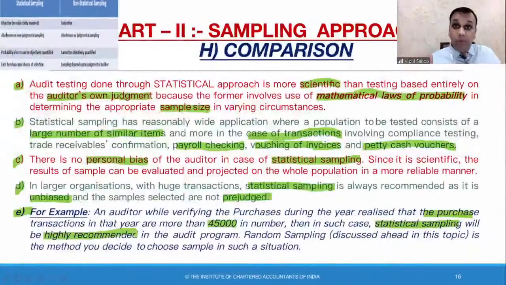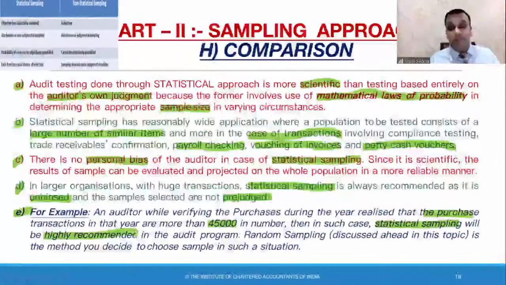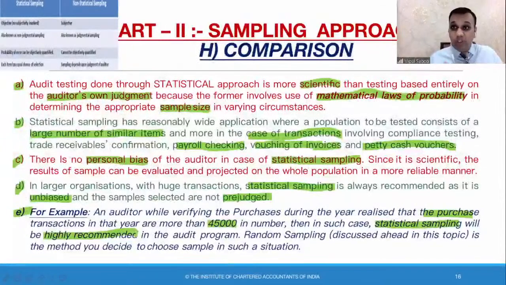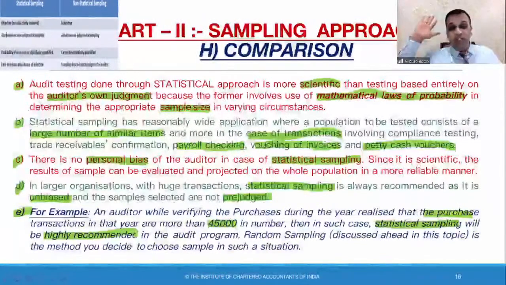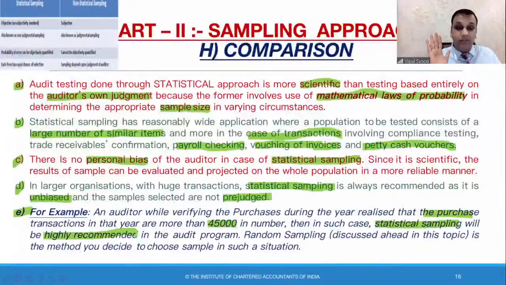In the audit program he is going to develop and hand over to his engagement team, he will say: don't go to the client and start checking each and every transaction, sitting over there for the whole month checking 45,000 purchase invoices and transactions. This is the technique.